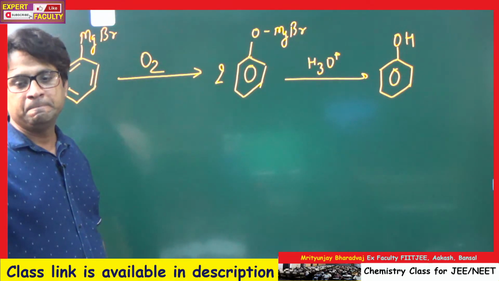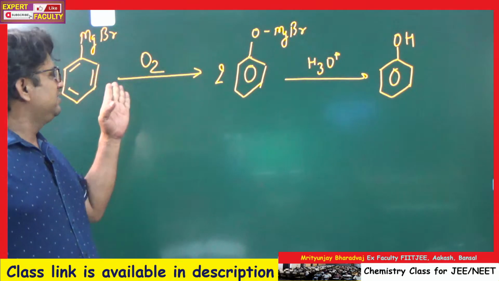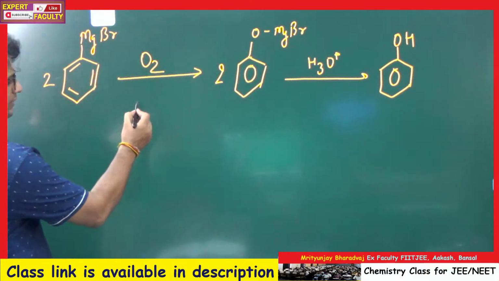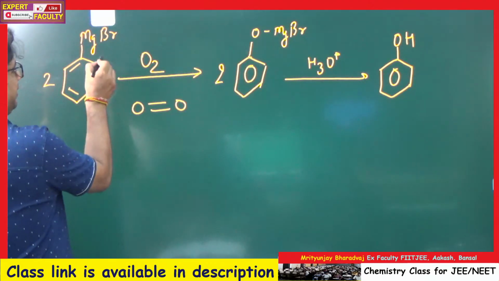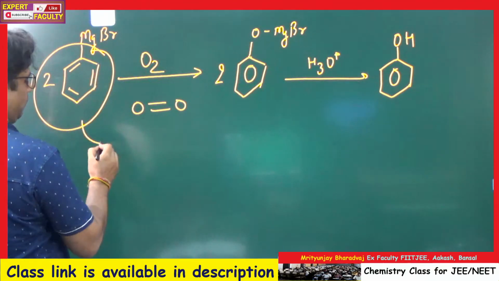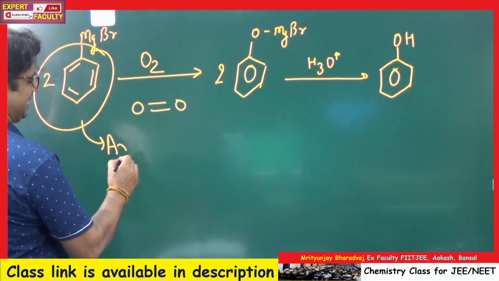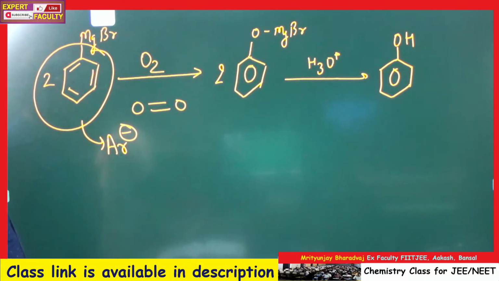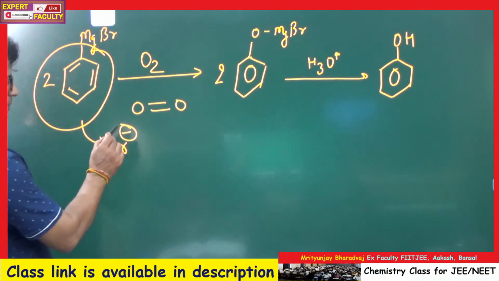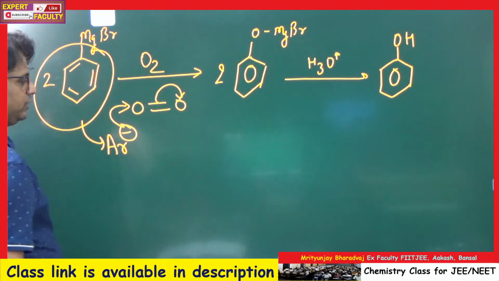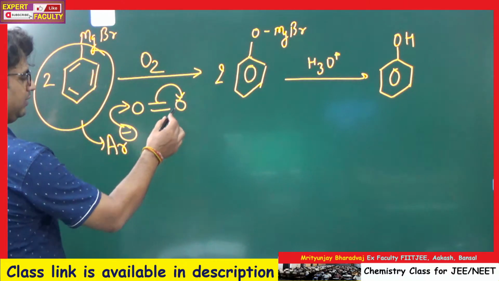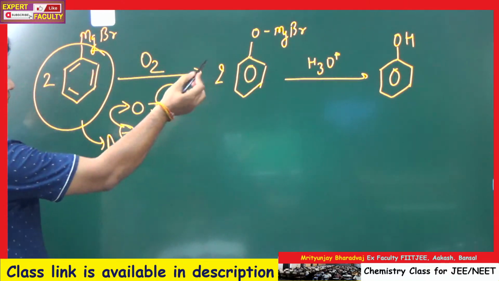So the reaction is simple, na? Look, here oxygen has a double bond with this carbon. The Grignard will act as Ar minus. So Ar minus will go to this oxygen, and the bond pair will shift to the other oxygen. Similarly, this oxygen will have bonding with the magnesium.